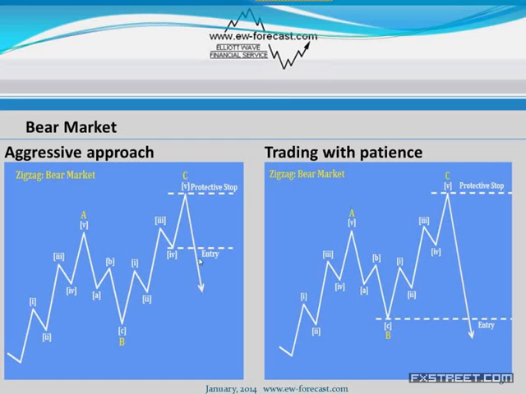You can grab a few pips, but you have to go out fast because the market will go in the direction of the correction more. But this setup, with the 5 waves down when wave B is taken out, will give you a more confident setup for continuation.